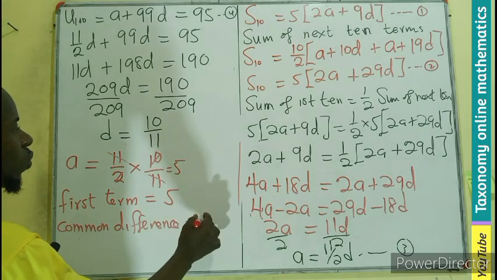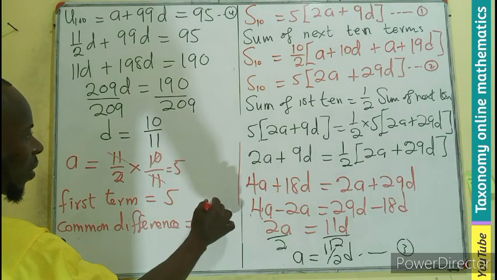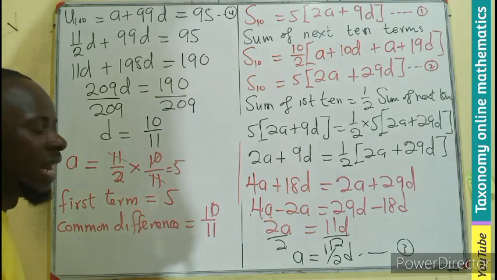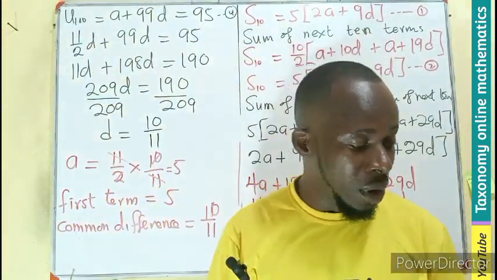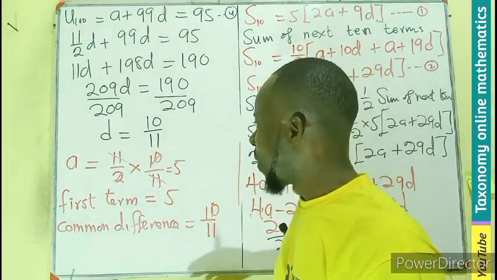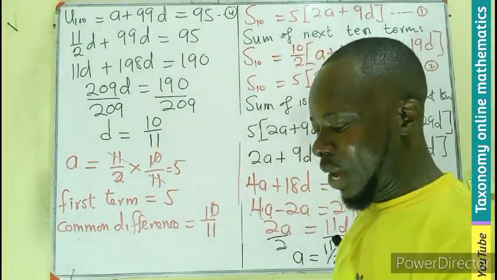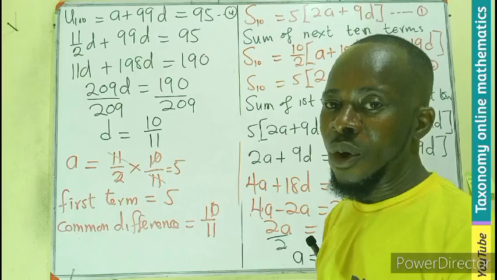Common difference equals, no, I think 10 over 11. So the question was asking for the first term and the common difference. So per this, our first term will be 5, then the common difference will be 10 over 11.